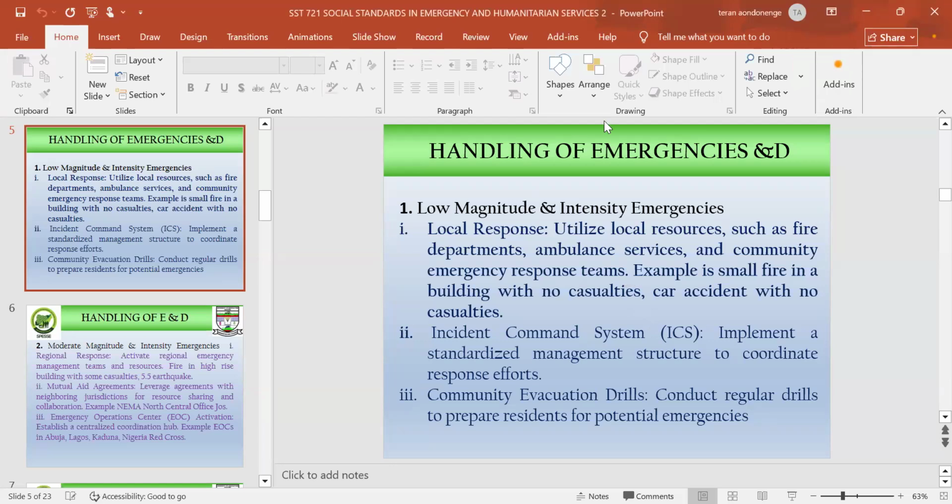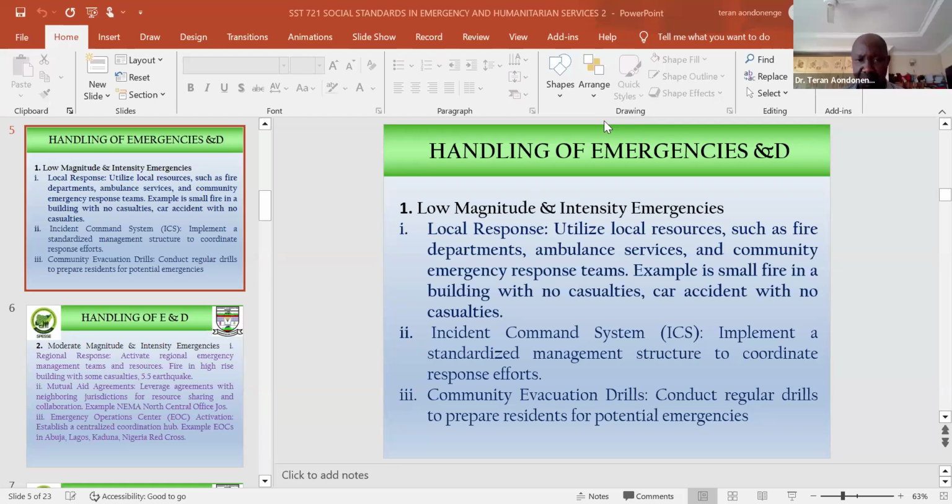Low magnitude and intensity emergencies. Number one, local response. Utilize local resources such as fire departments, ambulance services, and community emergency response teams. Example is small fire with no casualties, car accident with no casualties.